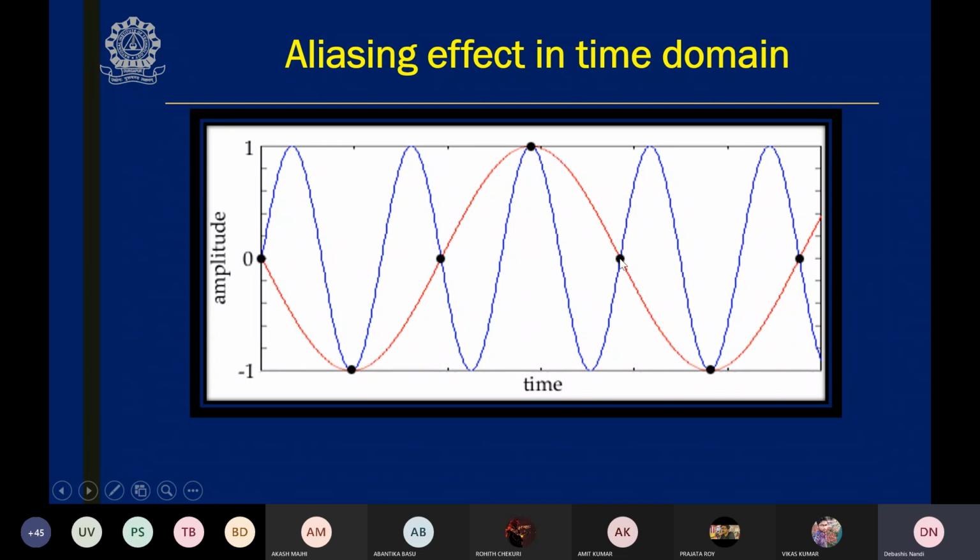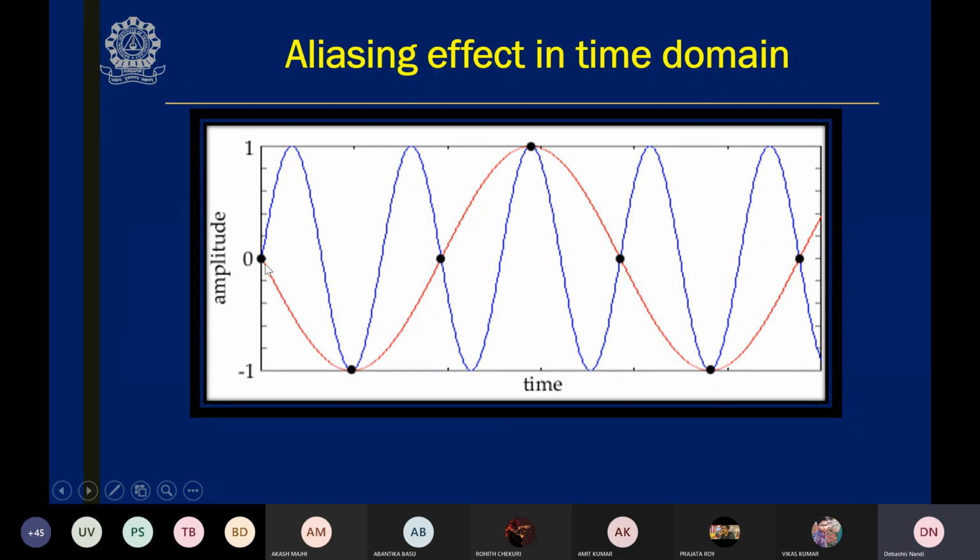If you get the sample values at these points, then you can predict another signal satisfying all these points. This is the red one. Suppose these sample values are given in your hand, and you have to reconstruct the signal by satisfying all these sample values.